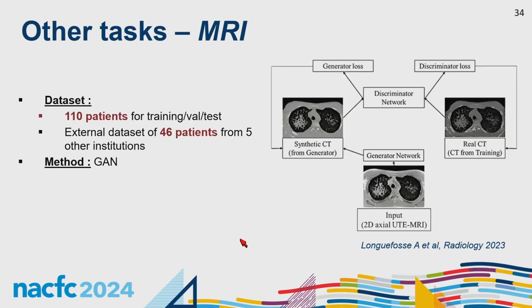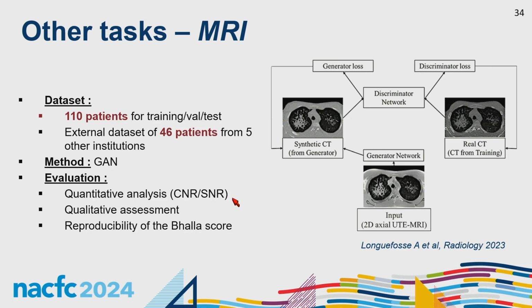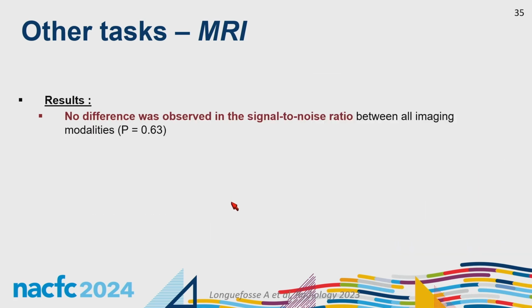This was done on a cohort of 110 patients. They used a GAN network, and they assessed the performance of the new images they were able to obtain. This shows that there was no significant difference in signal-to-noise ratio between all imaging modalities.